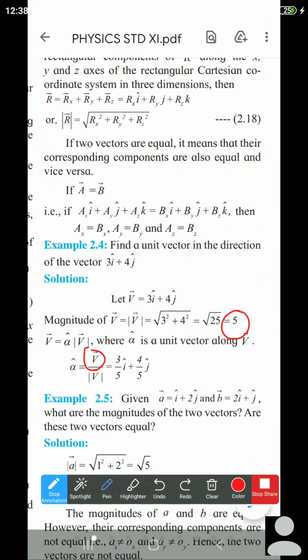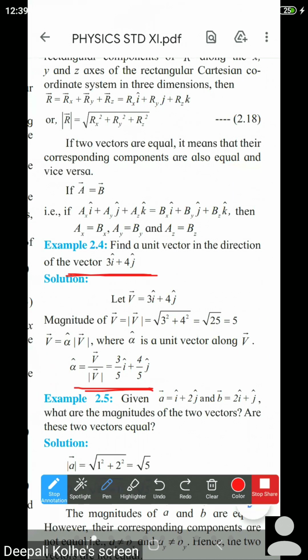Therefore each equation is divided by 5 here. 3 upon 5 i cap plus 4 upon 5 j cap. This is the unit vector along the direction of vector 3 i cap plus 4 j cap.